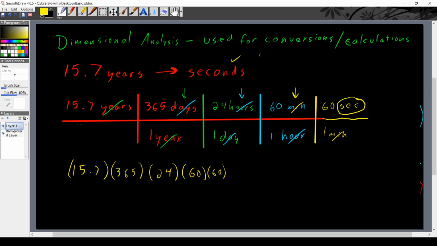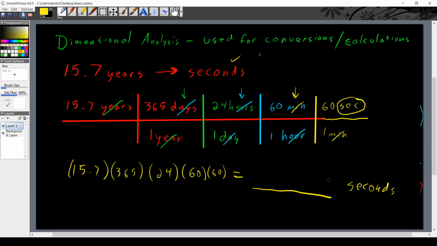And then, of course, we still have to do our division, but since we're dividing by 1 times 1 times 1 times 1, I can do that math in my head and say, hey, that's going to be 1. So what I've got on the top is actually going to be my final value. I don't have my calculator with me, so I'm going to let you do the math, and it will be that number of seconds that our 15.7-year-old student has been around on the earth.